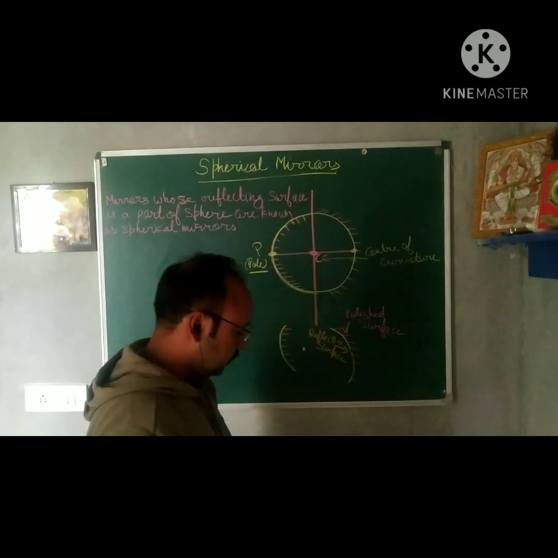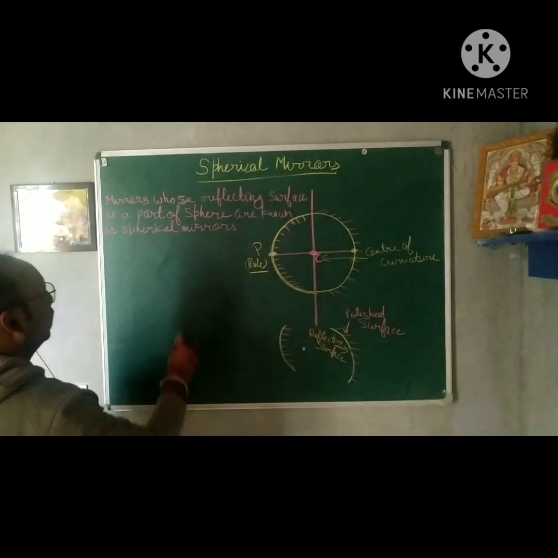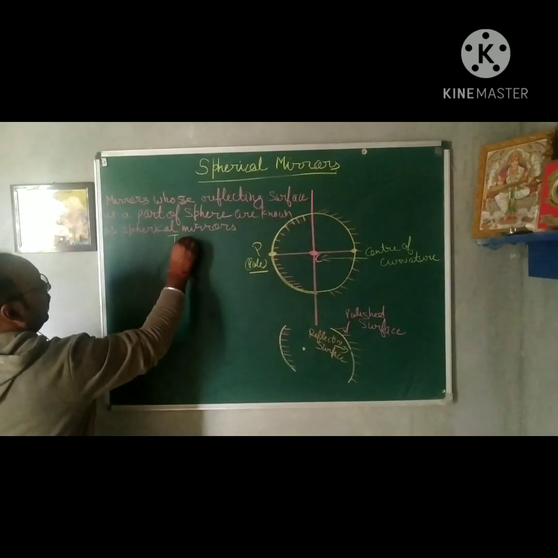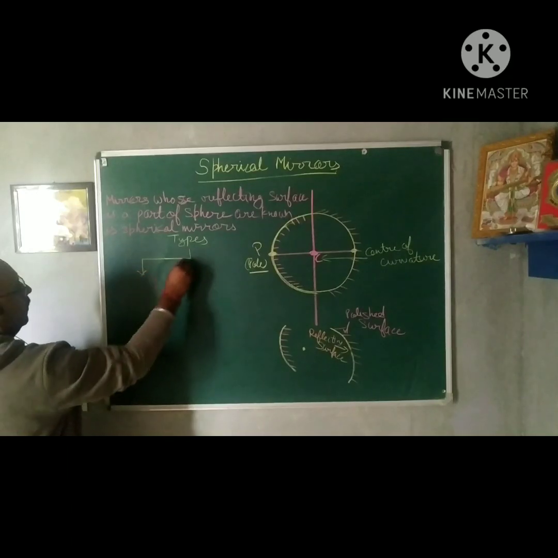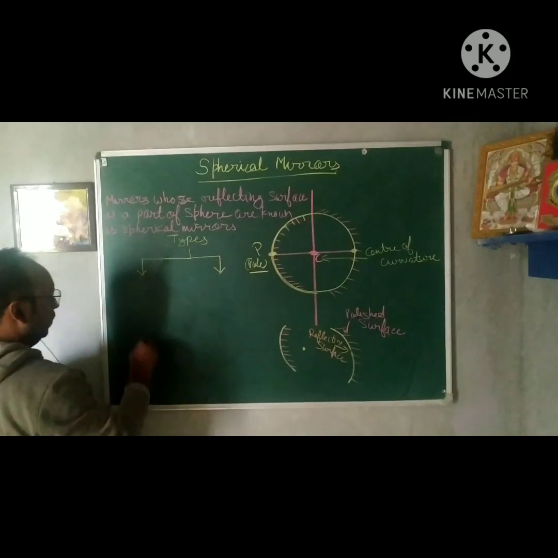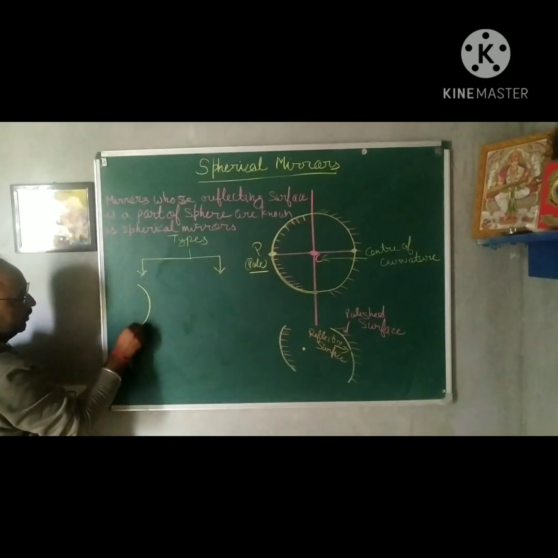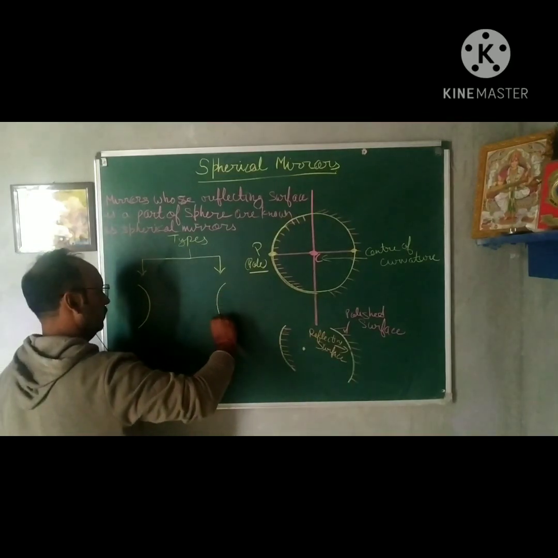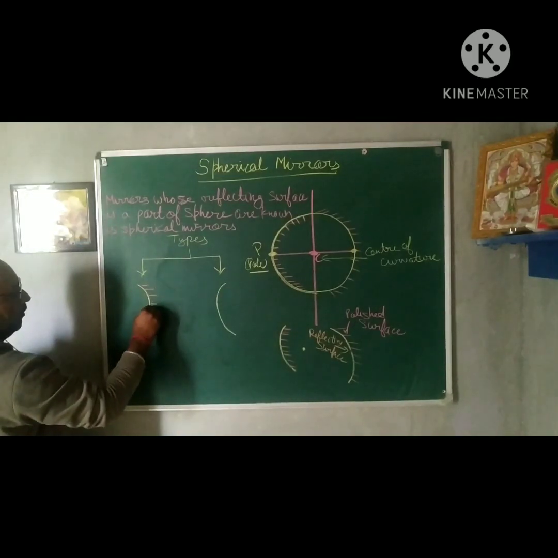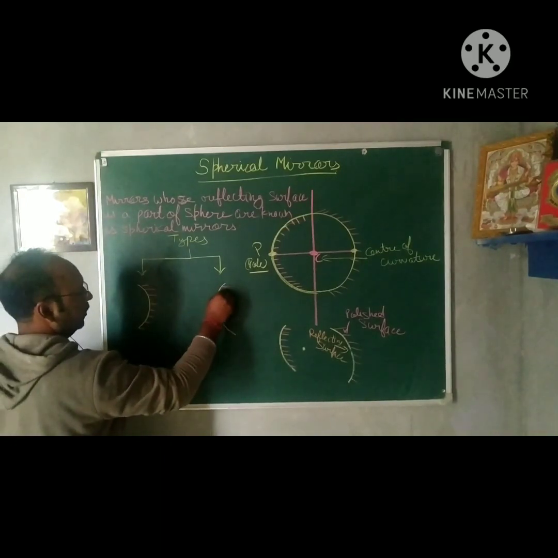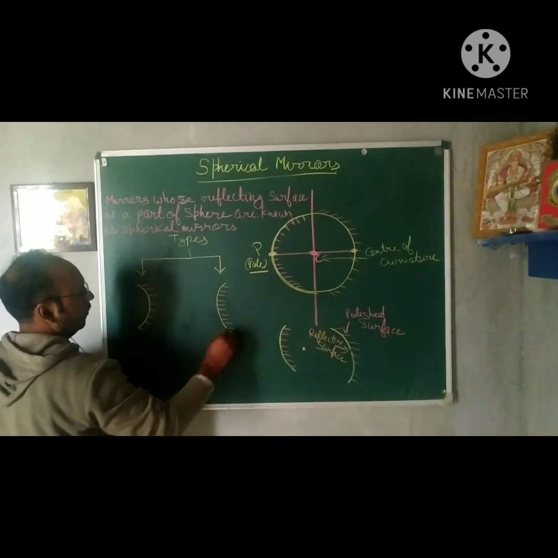Now moving further, I would like to tell you about the types of spherical mirror, like I have discussed here. In one mirror the outer surface was polished and in one mirror the inner surface was polished.